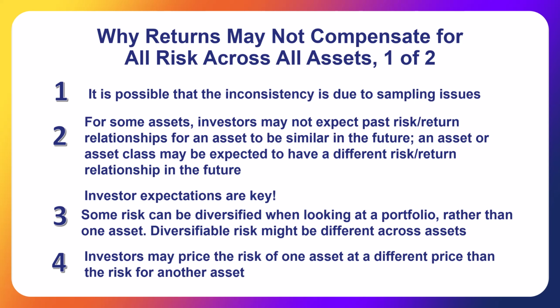Why might returns not really compensate us for all the risk across all the assets, right? So there may be variables that impact value in the future and therefore returns that we just don't know, right? We're just not aware of. Past returns do not imply anything about future returns.